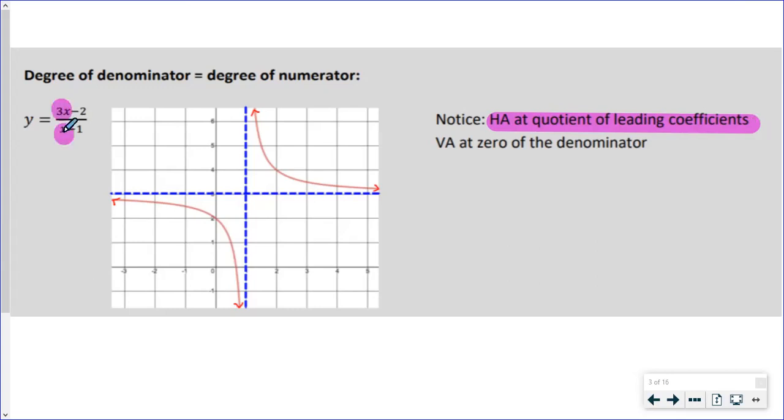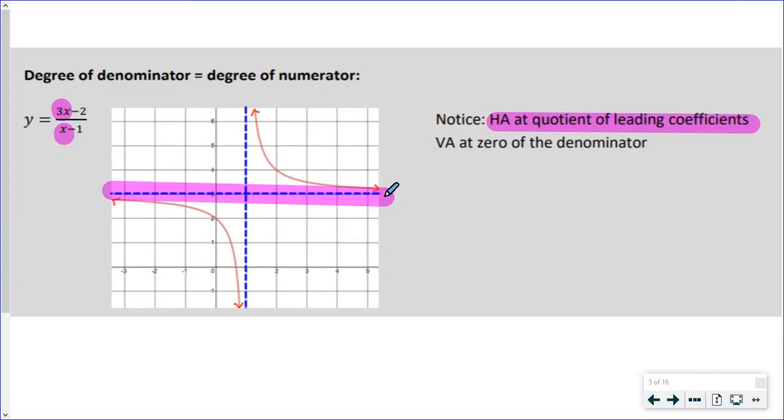The degree of the denominator and the numerator are the same. So what we are going to do is look at the leading coefficients: positive 3 divided by positive 1. Well, 3 divided by 1 is going to give me y is equal to 3, and y is equal to 3 gives me a horizontal line at y is equal to 3. So that is the equation of our horizontal asymptote.